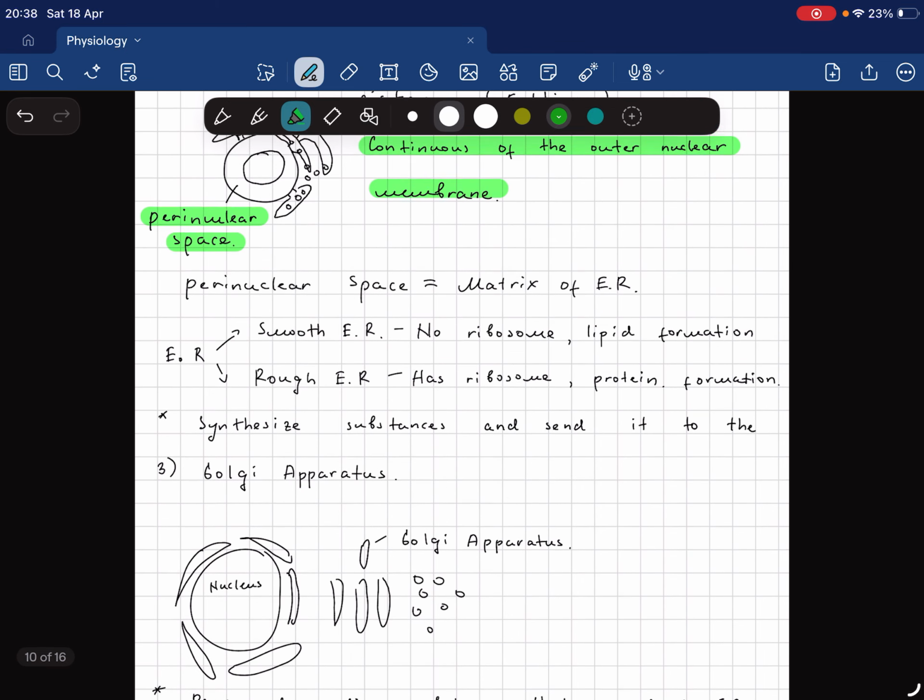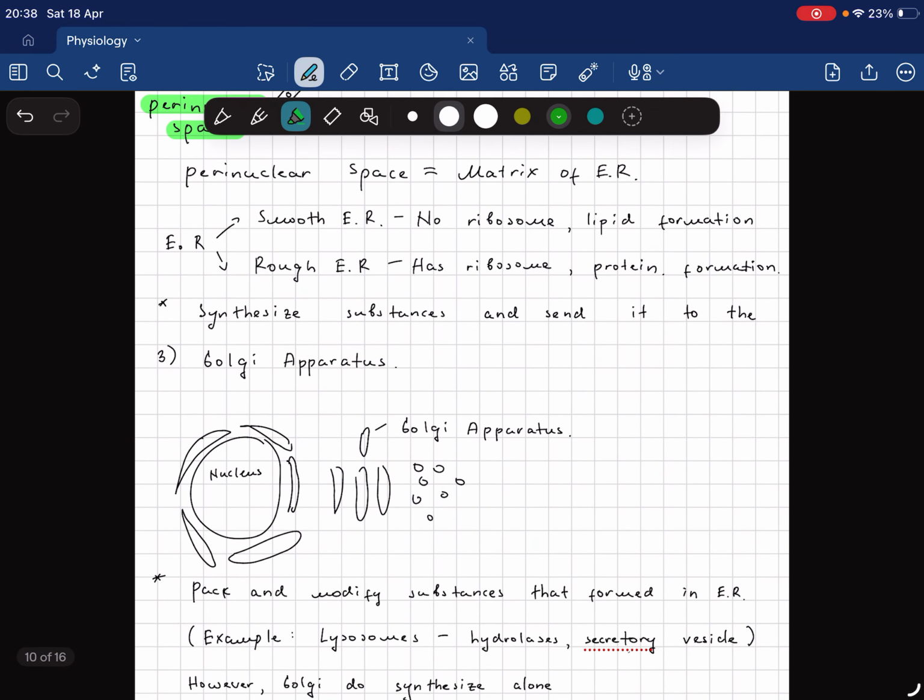You might know there is a pathway where a substance is formed in the endoplasmic reticulum, sent to the Golgi apparatus, and then packed and modified there.